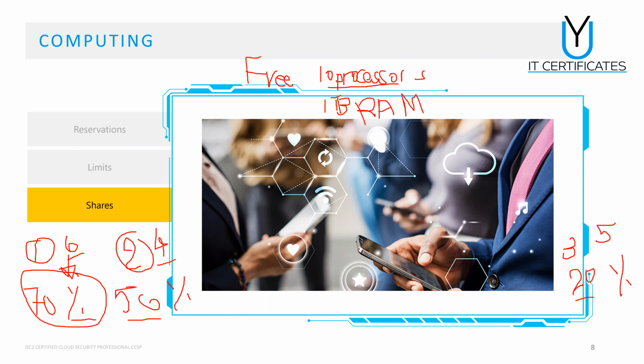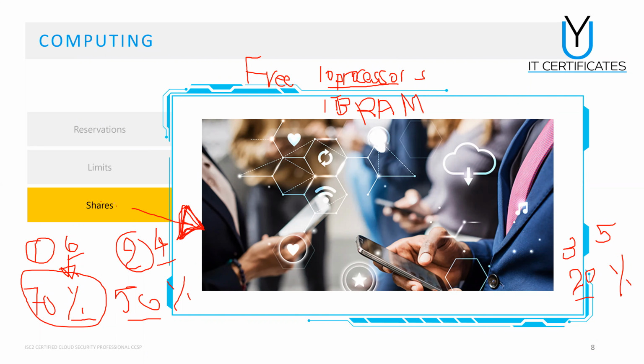And this share will be used in a case where the required resources from all the customers are not available in the resource pool, and we have to share the remainder of the resource pool between all of them.